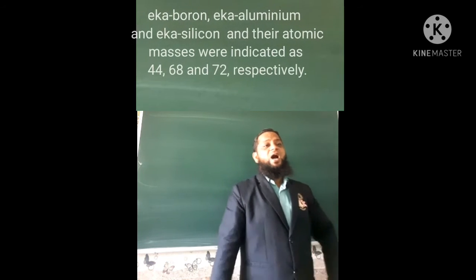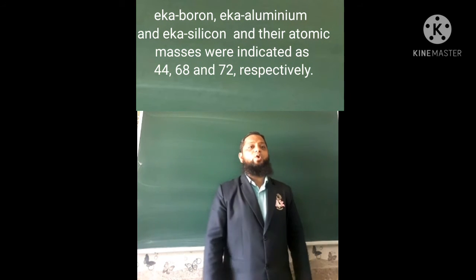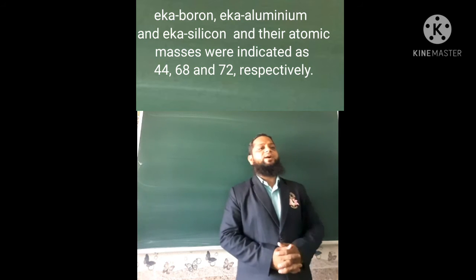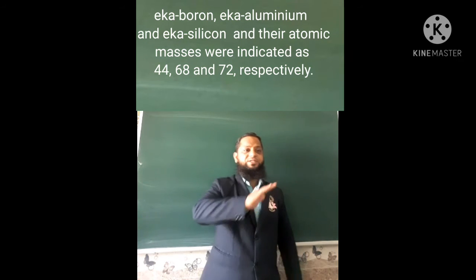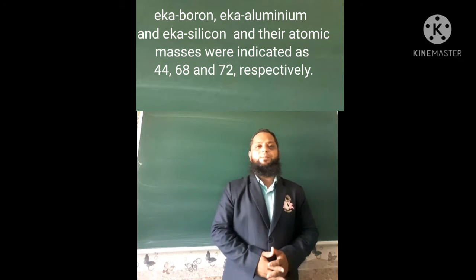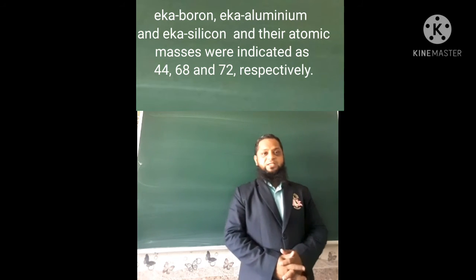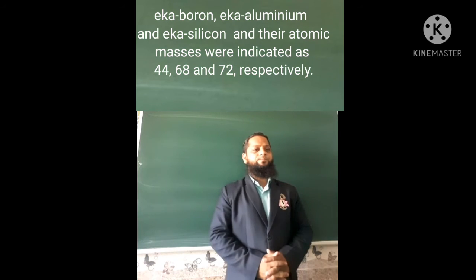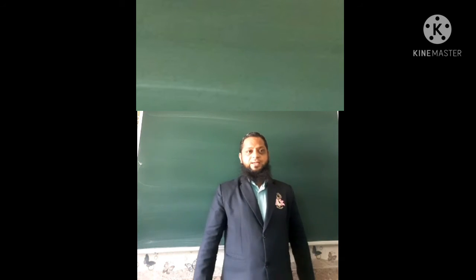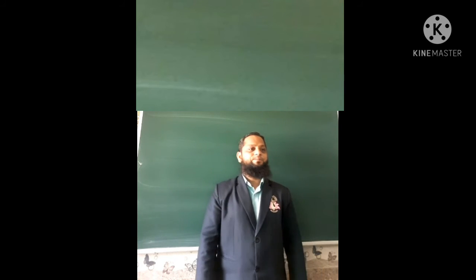Three of these unknown elements were given the names Eka boron, Eka aluminium and Eka silicon from the known neighbors, and their atomic masses were indicated as 44, 68 and 72 respectively. Not only this, but their properties were also predicted.